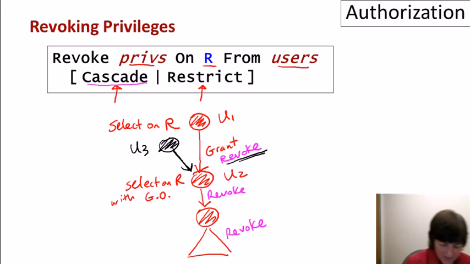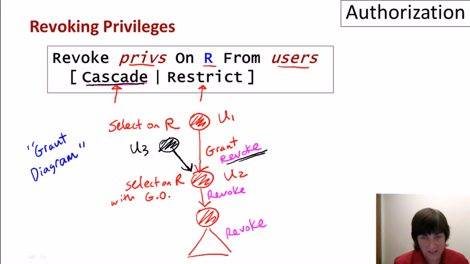So technically what Cascade says is that when we revoke a privilege, we revoke any privileges transitively when they weren't also granted by another source. So what you're seeing here is actually called a grant diagram, and I'm not giving you all the details of grant diagrams, but you can see basically what they do, and they're used to properly cascade the revoking of privileges.